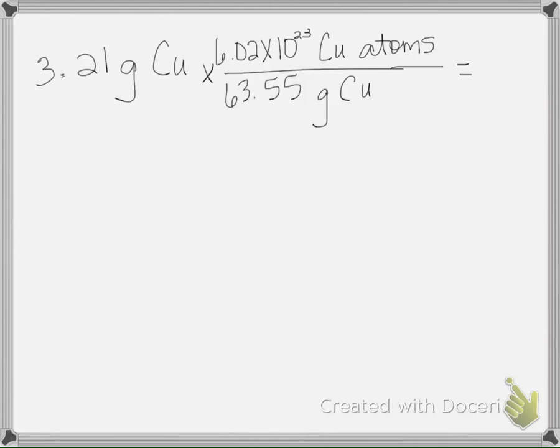And when you work this out, it's different than what we did in B, but you're going to get the same answer because that is the right answer. You're still going to get 3.04 times 10 to the 22 copper atoms. It's just a different way to work it. It does not matter which way you work it as long as you get the right answer because there's only one right answer.